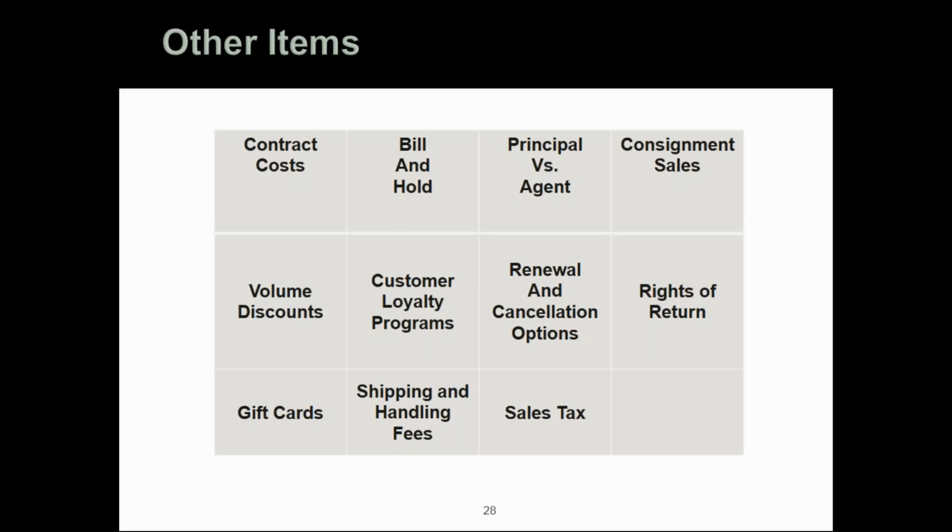Other items would be bill and hold, and that's not at all uncommon. There's definitely criteria that need to be established and met in order to recognize revenue up front in a bill and hold type of situation. You need to make sure that that good really has been delivered in the sense that it's segregated, it's distinct. You can't take that item and satisfy an obligation to another customer with it.